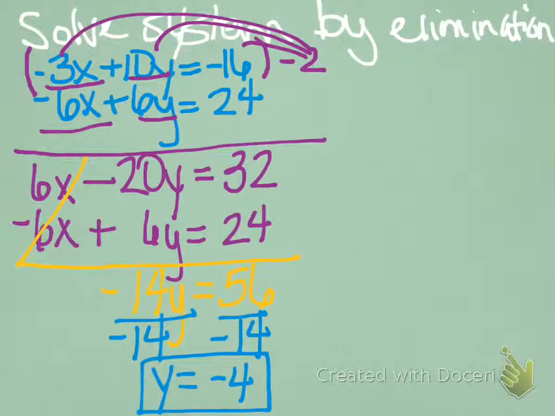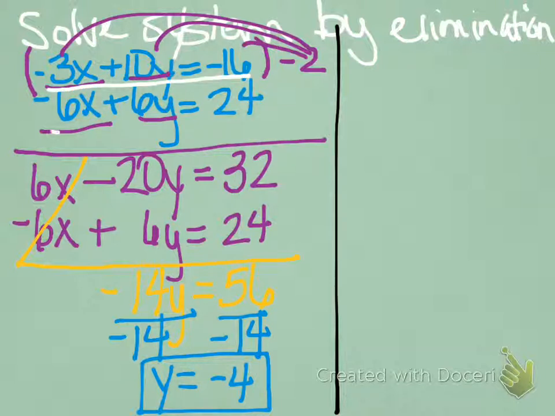But now, we know that solving systems of equations means that we have to have two answers. So that means we have a y, but now we have to go back and we have to find x. So if we go back and we find x, I'm going to draw a line down the middle so we can separate our work. We have to go back in and plug into one of our two original equations. Now, this was an original before we multiplied, and this was an original.